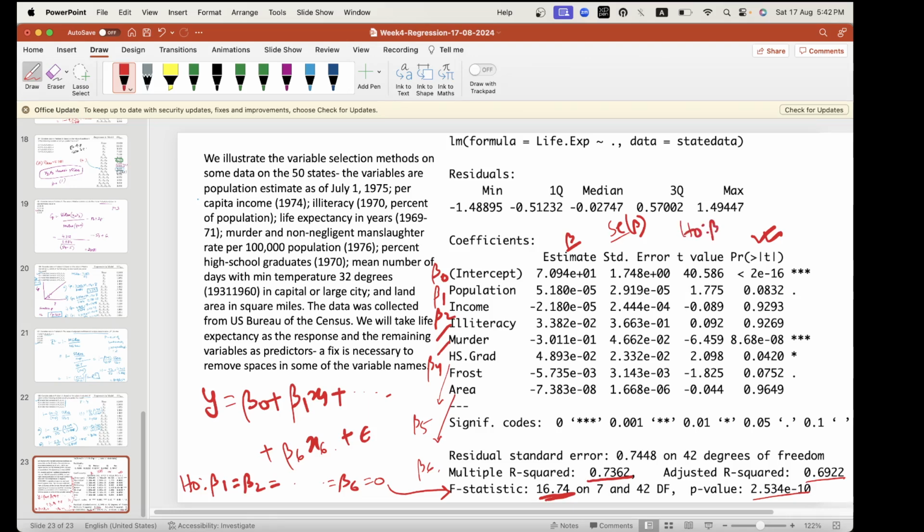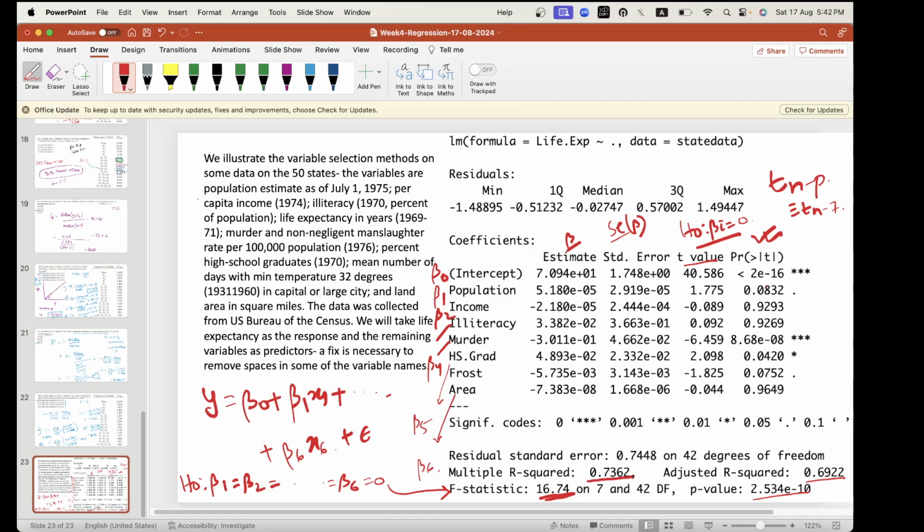So H naught: beta i equal to 0, those test statistic values are here. And this should be compared against a t distribution with degrees of freedom n minus p. So in this case it would be t n minus 7. All right, and this is a two-sided test.